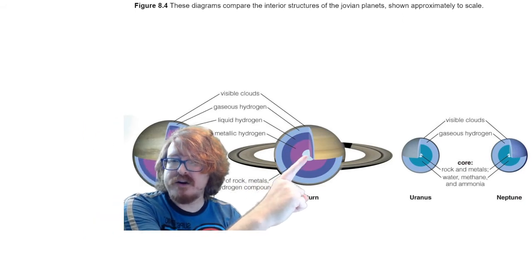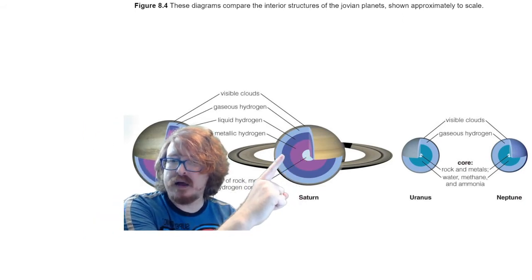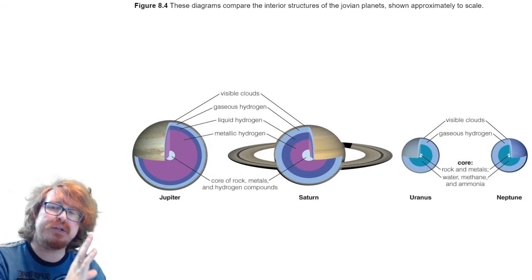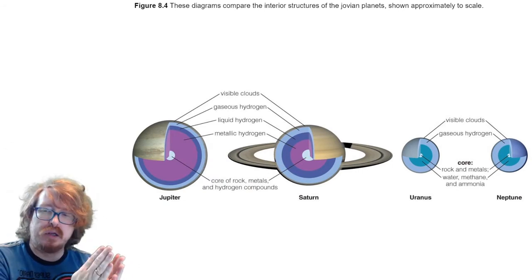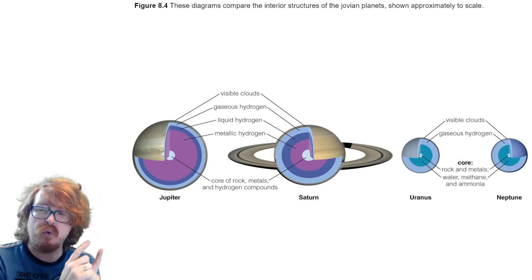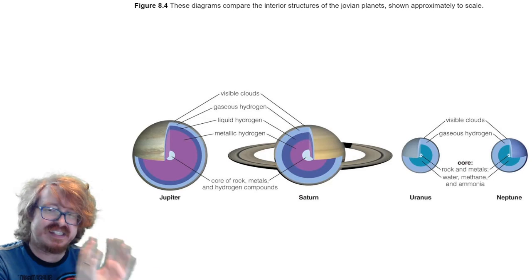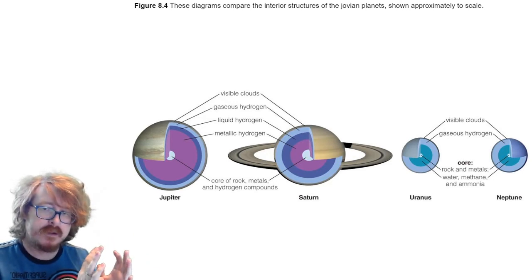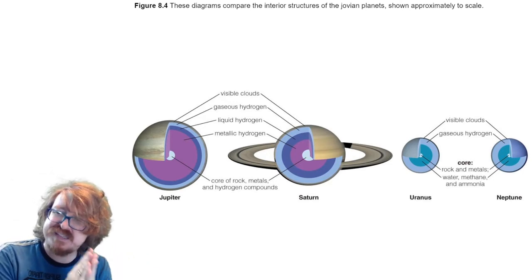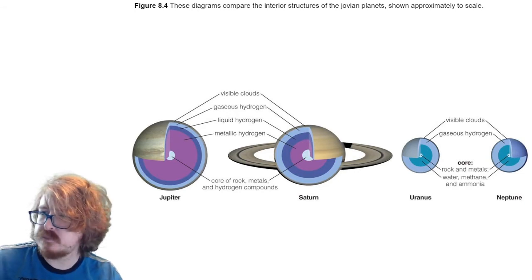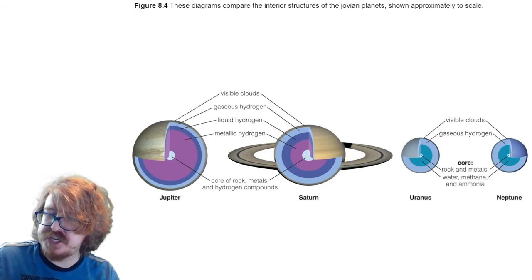Over here on Saturn, we have the exact same 4 layers, but there's one that is a lot smaller on Saturn than on Jupiter. Which layer does Saturn have a lot less of? So it's the same 4 layers, but Saturn has a lot less of one of those layers. Which one? Let's figure that out. Pop it in the chat.